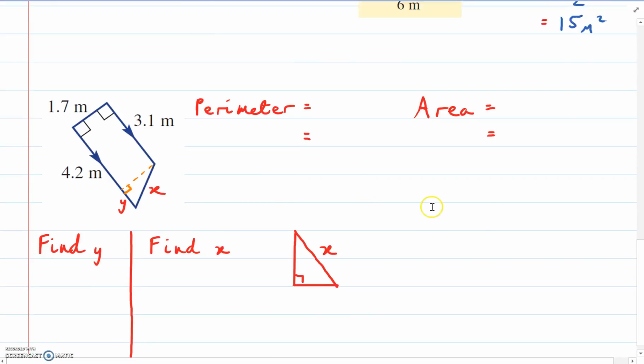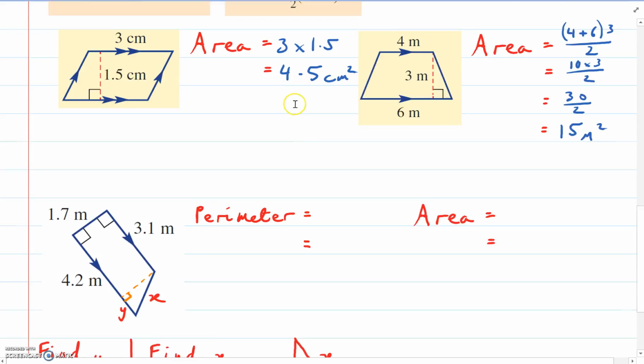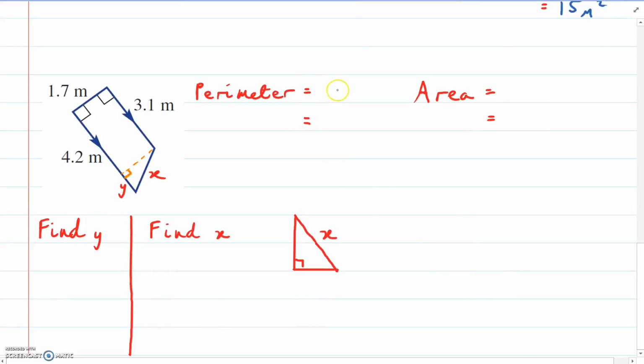And this one doesn't look like it, but it's actually a trapezium. So we can use those same values. There's a couple of ways that you can do it, but let's do the perimeter is a bit more complicated. Let's do the area first. So that is 3.1 plus 4.2 times 1.7 all over 2.